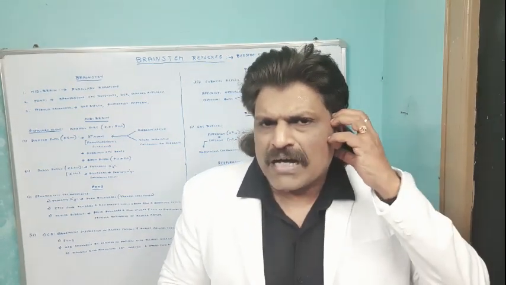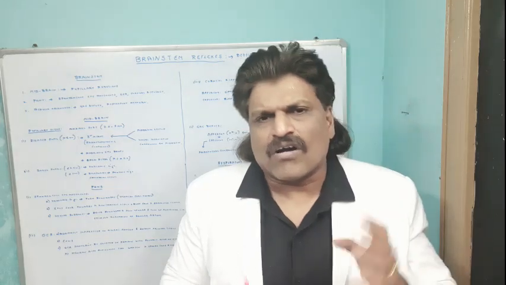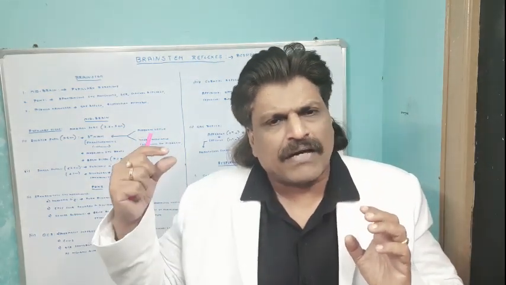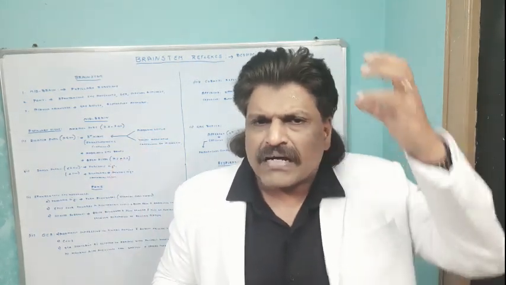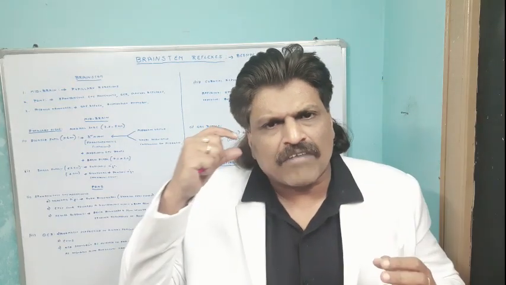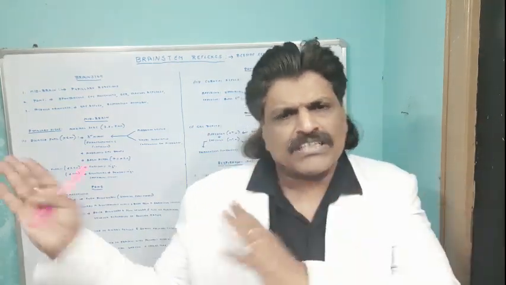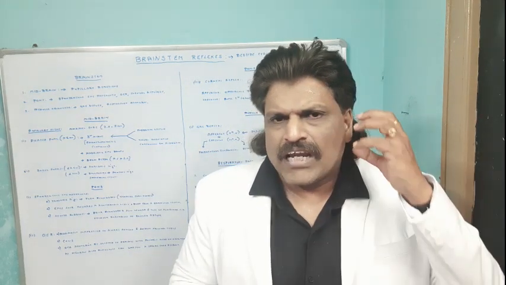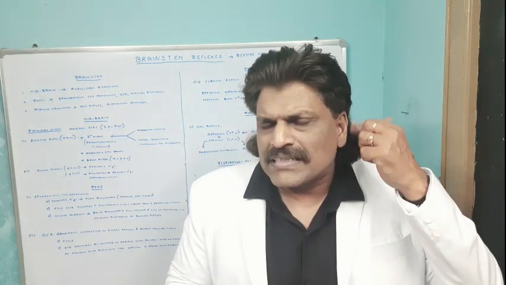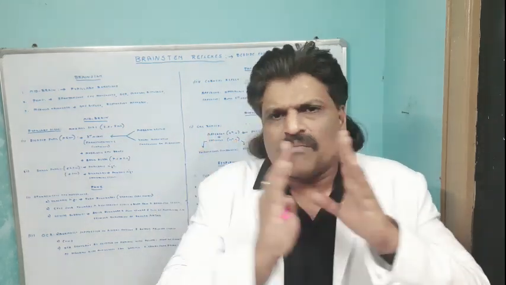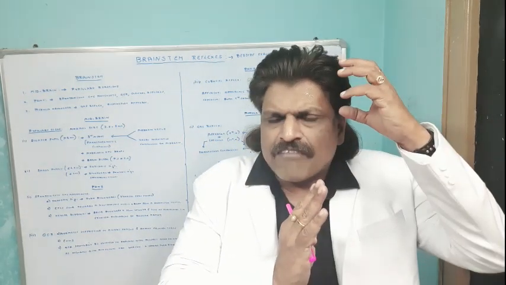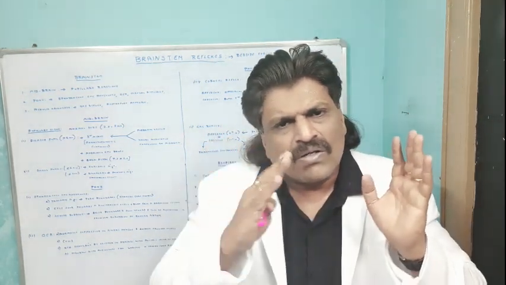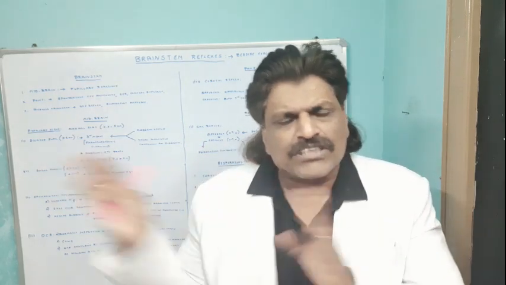So both the vestibular apparatus and the frontal cortex connect to the opposite PPRF. For example, the left vestibular apparatus and left frontal cortex connect to the PPRF on the right side, and will try to push the eyes to the right side by stimulating the PPRF on the opposite side. So on the left, when the cold water is put, this is inhibited, this will overact and push the eyes to the same side, but the left frontal lobe will try to stimulate the PPRF and will try to push the eyes to the opposite side.